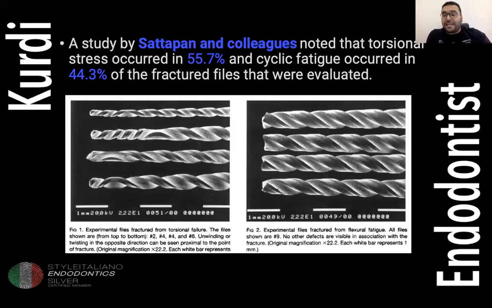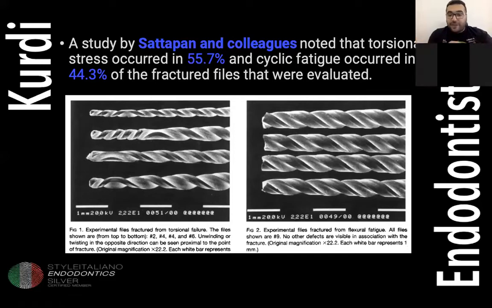Here he can say that torsional stresses occur more, but this is according to his study, and we have a lot of factors that control cyclic fatigue and a lot of factors that control torsional stresses. That's why it's a little bit different from one file to the other, from one case to the other.